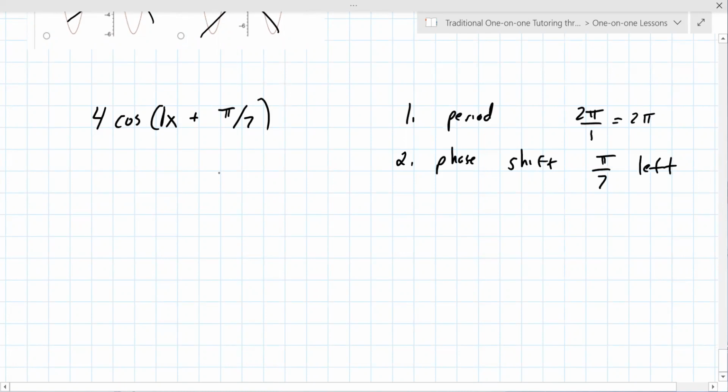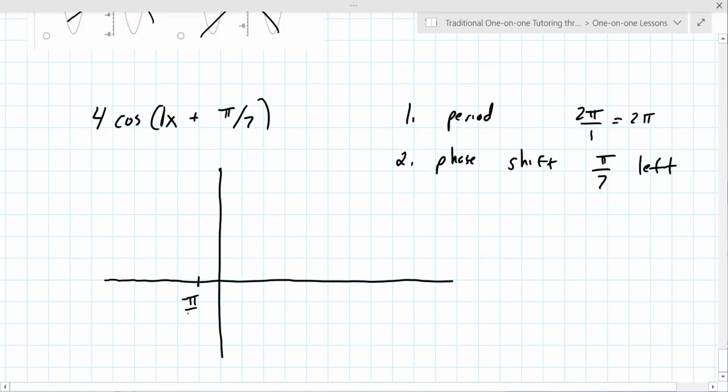So in terms of where you normally start your graph, normally you start cosine at 0, but this is pi over 7 left. So you have a choice. You can either go left pi over 7. So I'm going to arbitrarily call that minus pi over 7, and that's where I'm going to start my cosine, or you can go your phase shift plus 1 period.